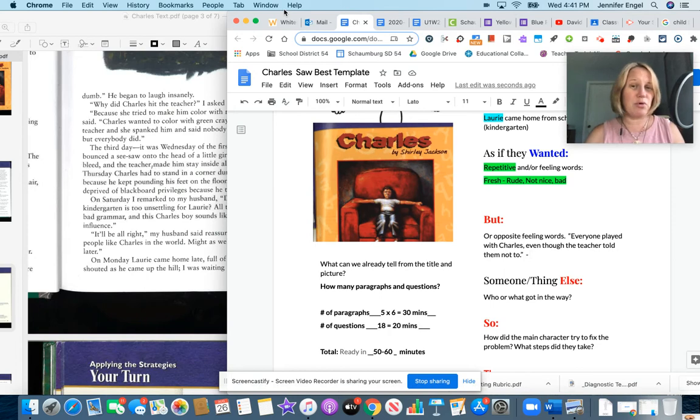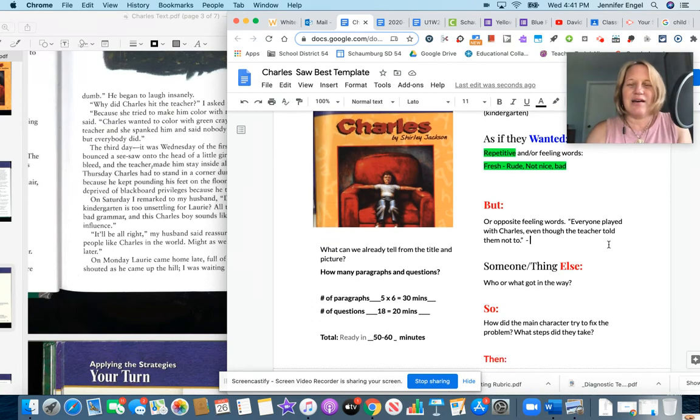It's called corporal punishment, and it's not allowed in schools anymore, at least in most schools in most states. So you can tell that this story was written a long time ago because it said that everyone could play with Charles even though the teacher told them not to. What she was trying to do was she was trying to discipline Charles. That's what she was trying to do.